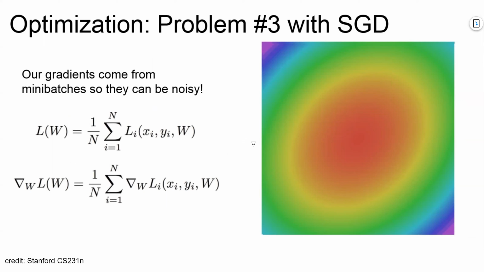Another problem is that the gradients we calculate when doing stochastic gradient descent come from mini batches, meaning that they could be noisy. Rather than calculating the gradient using the whole data set, we are using a batch, and the batch is just approximating the true gradient, so there could inevitably be noise.